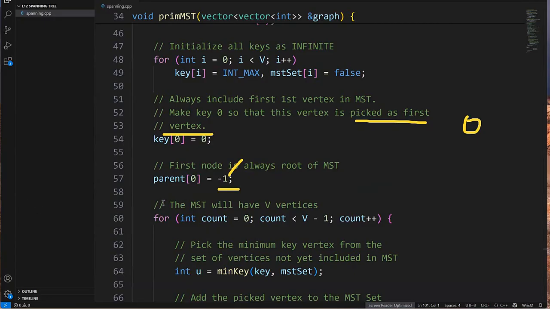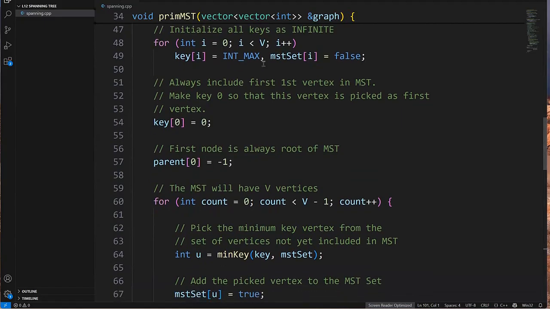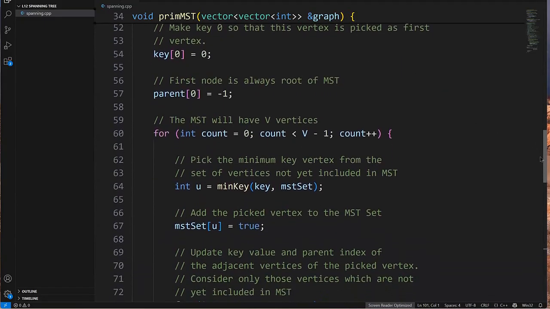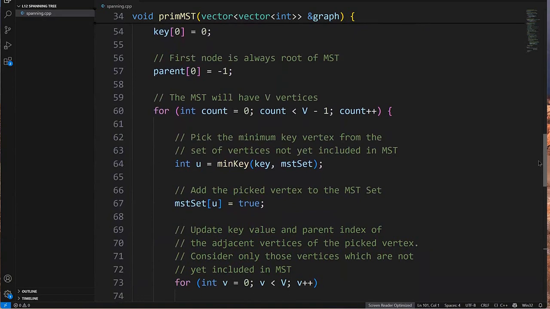So after that, you need to update the key. Update the key means that when the minimum weight goes into your set. So you try to find the min key given the set. Right now your MST set should only have node 0.